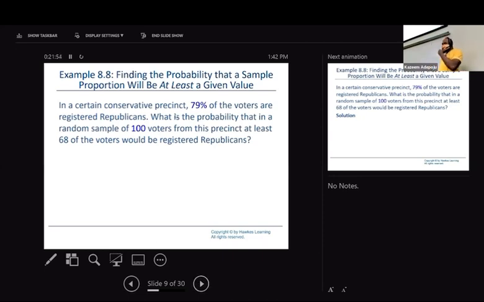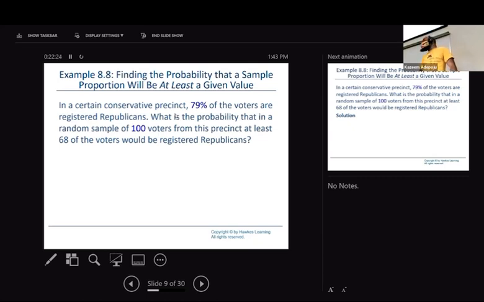Finding the probability that a sample proportion will be at least a given value. At least a given value is the same thing as greater than or equal to. We can also treat that as greater than, because we're using the knowledge of a normal distribution, and the normal distribution is a continuous type distribution.